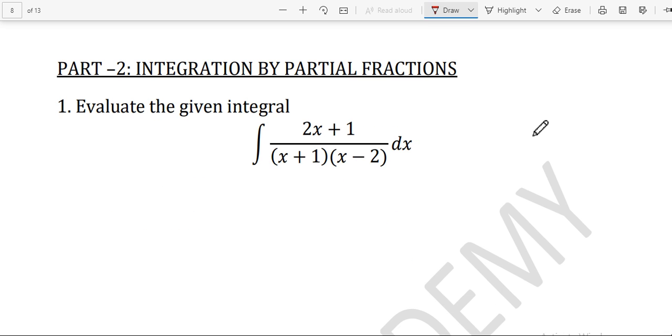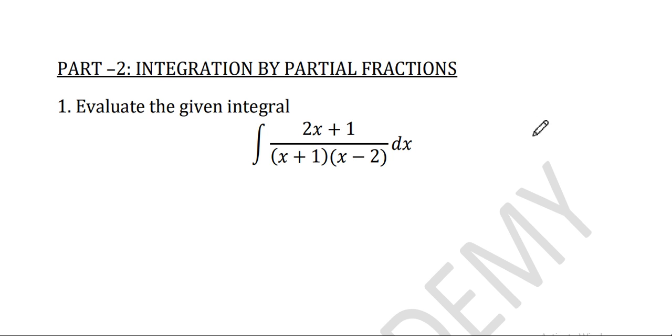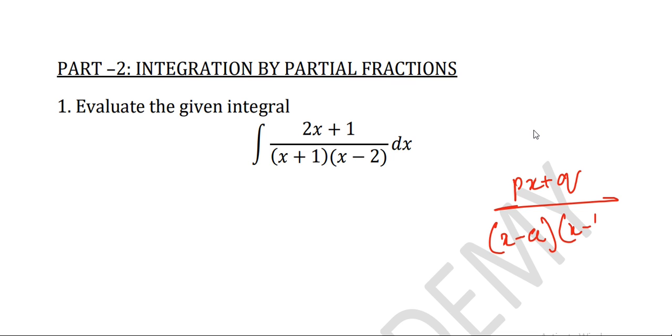Now let us move on to the next part of our lecture. This is integration by partial fraction. If I say partial fraction, what do we exactly mean by partial fraction, and why do we use it? Suppose we consider a complicated rational function, f x by g x, which can be px plus q divided by x minus a and then x minus b.